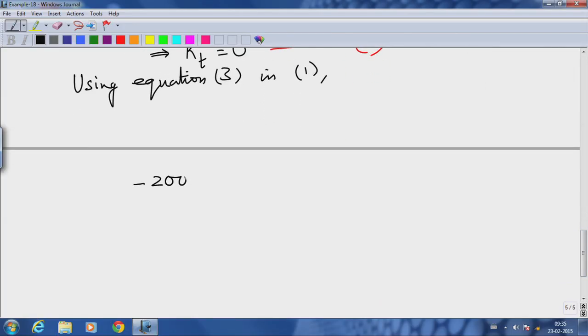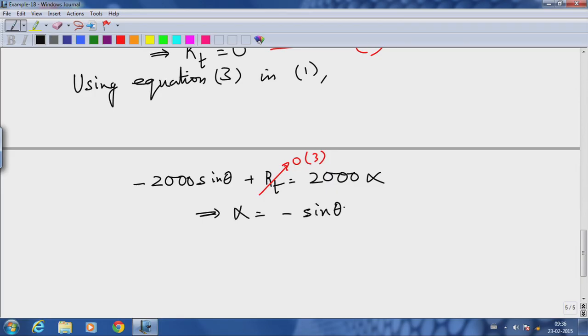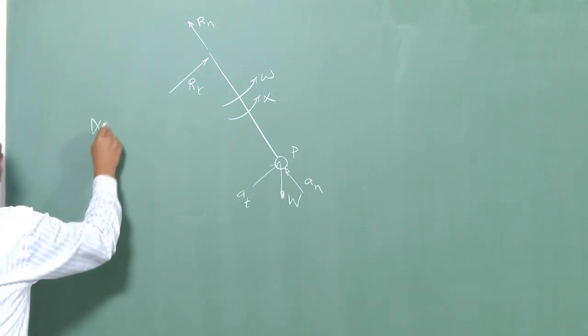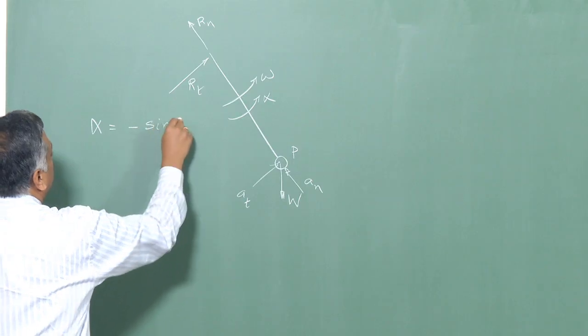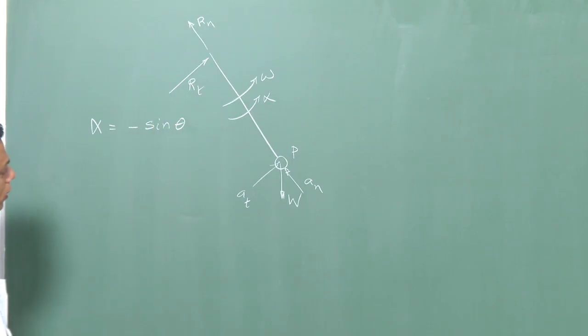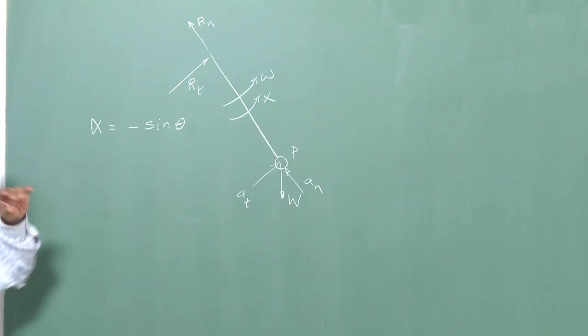So, minus 2000 sin theta plus R sub t is 2000 alpha, which automatically implies, because R sub t is 0 as per equation 3, that alpha equals minus sin theta. Okay, so we found that alpha equal to minus sin theta. That's what we found from the laws of mechanics.